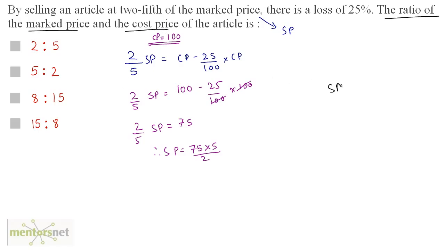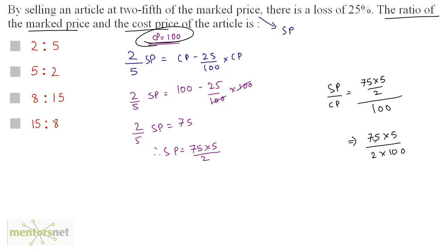So selling price upon the cost price is equal to 75 times 5 by 2 divided by the cost price, which we assume to be 100. So this is equal to 75 times 5 by 2 times 100. Now 25 times 3 is 75 and 25 times 4 is 100. So 15 by 8. So 15:8 is the correct answer.